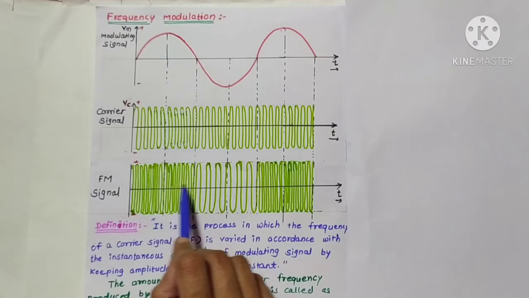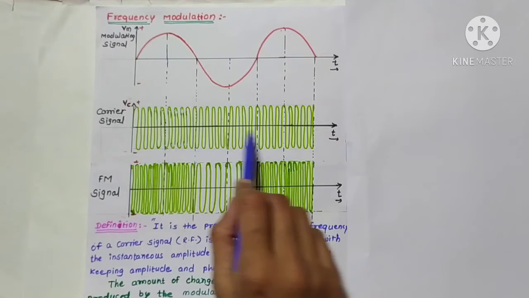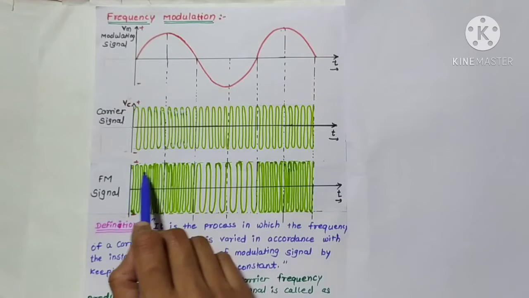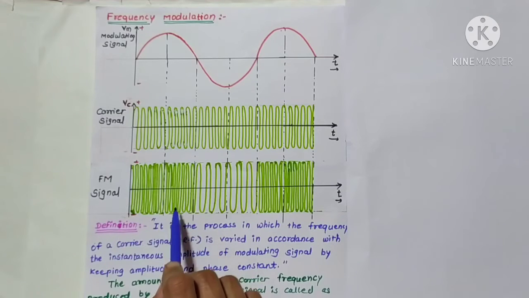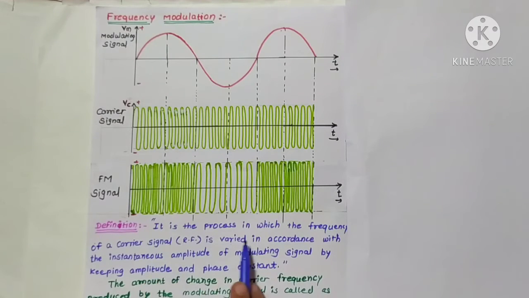There is a change in only the frequency of the carrier, but there is no change in the amplitude and phase of the carrier signal. Okay, so this is the definition: it is the process in which the frequency of a carrier signal is varied in accordance with the instantaneous amplitude of the modulating signal by keeping amplitude and phase constant.